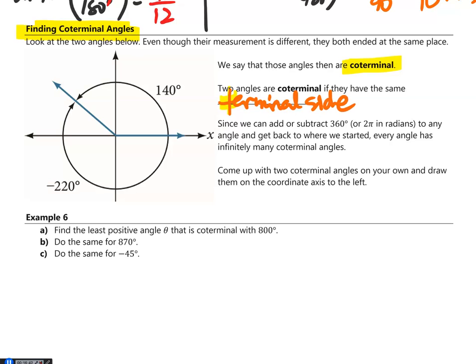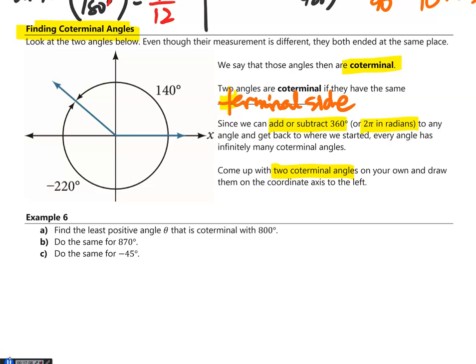Since we can add or subtract 360 or 2 pi in radians to any angle and get back to where we started, every angle has infinitely many coterminal angles. Come up with two coterminal angles on your own and draw them on the coordinate axis to the left.